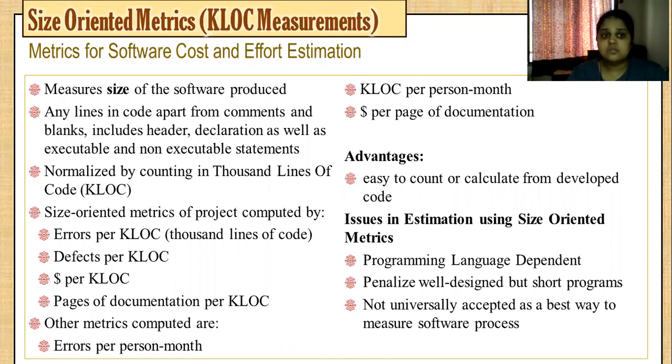Now KLOC measurement is doing what? It is measuring the size of your software. How is it measuring the size of software? Suppose you are writing a code in Java, say hello world. Your first line will be your class name. Second line will be brackets encapsulating the class. Then after you will have your main method.